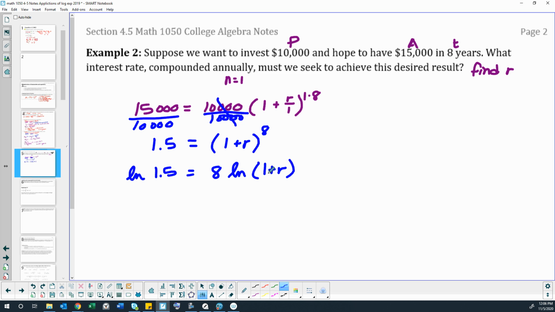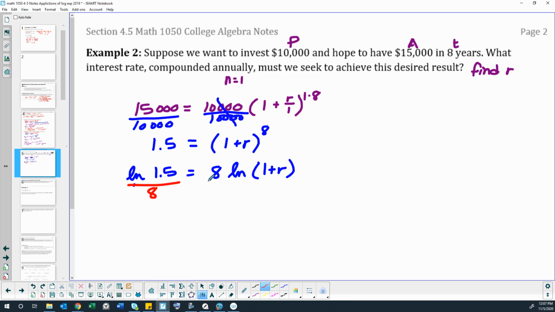So it's a new number. And then we're going to be able to change this to exponential form using base e. Maybe I should have just gone with log base 10. I could always change it. It really doesn't matter what your base is. Okay, so I'm going to go ahead and divide my 8 from both sides.